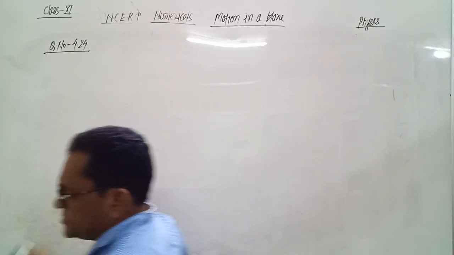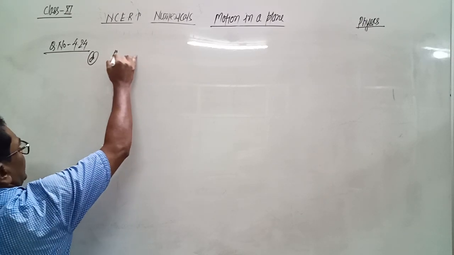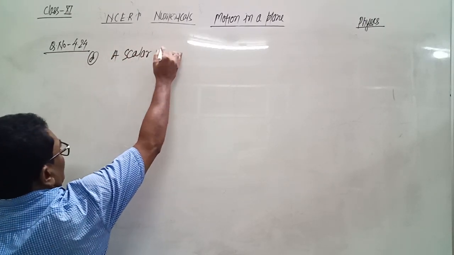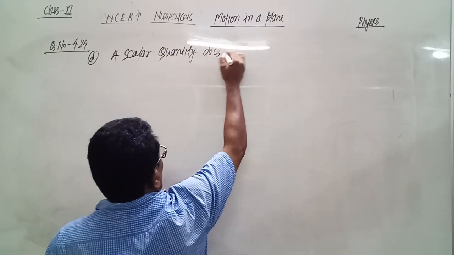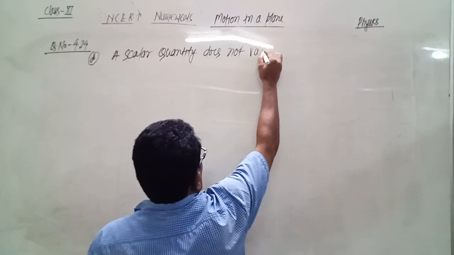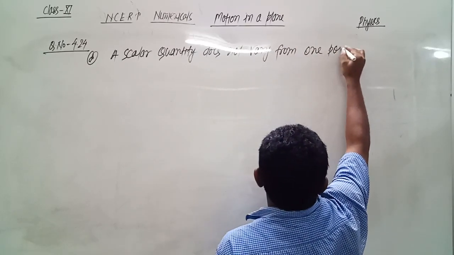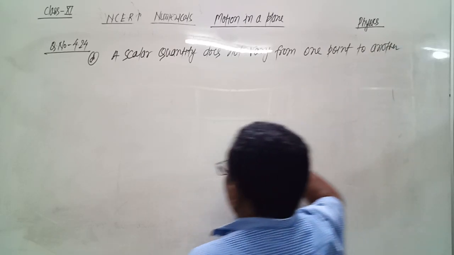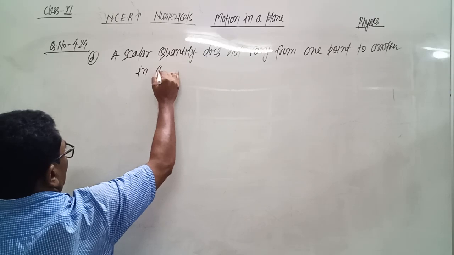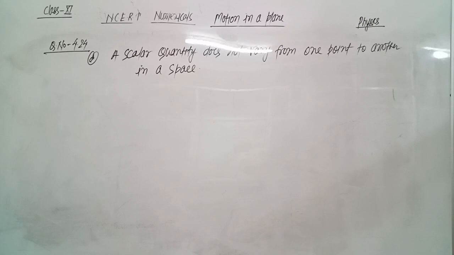Now the next statement, D: a scalar quantity doesn't vary from one point to another in a space.